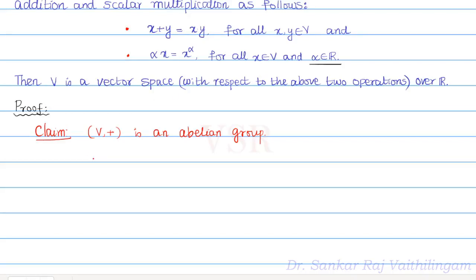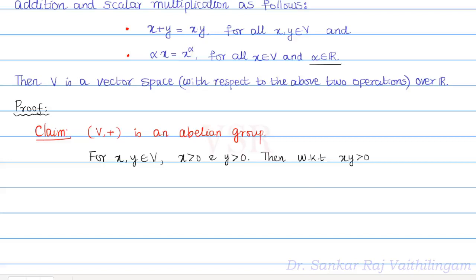That is, for x comma y belongs to capital V, that is x is positive and y is also positive. Then we know that x positive, y positive means x into y is also positive.